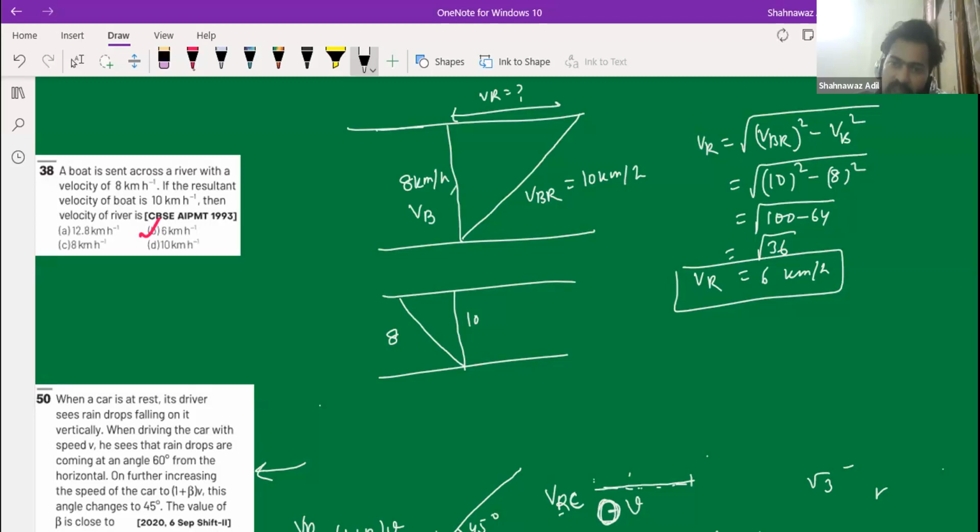This was the boat and this is the river. In the earlier question we saw that this was the resultant, but now we have a difference. Everyone, noted?